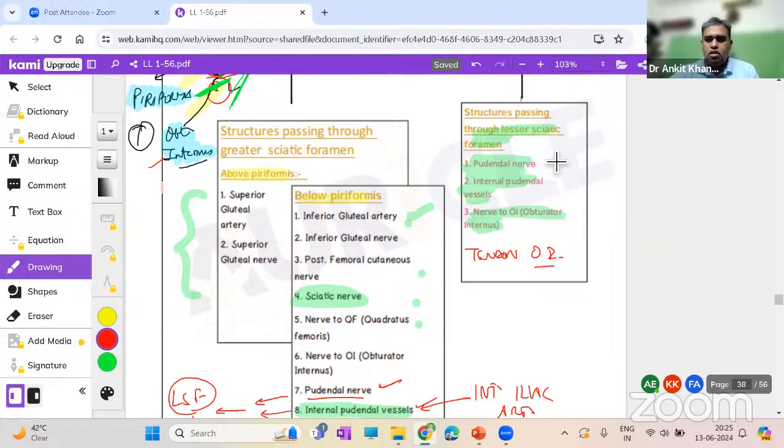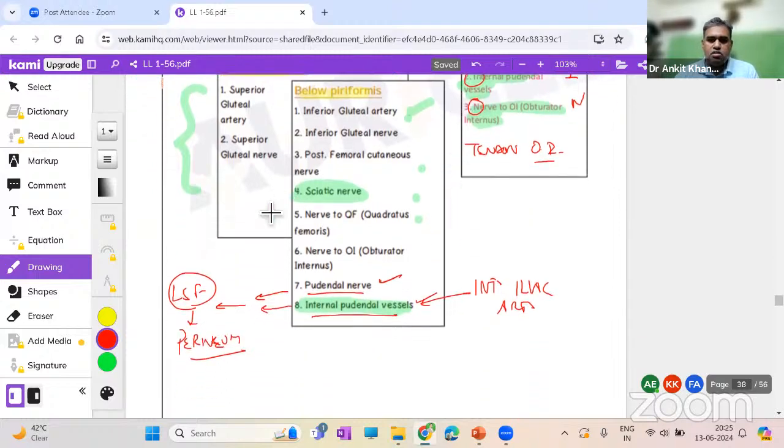So this is what we call PIN structures. PIN is pudendal nerve, internal pudendal vessels, and nerve to obturator internus. These PIN structures are also there in the greater sciatic foramen, and they go from the greater to the lesser sciatic foramen. I hope you're getting the point.